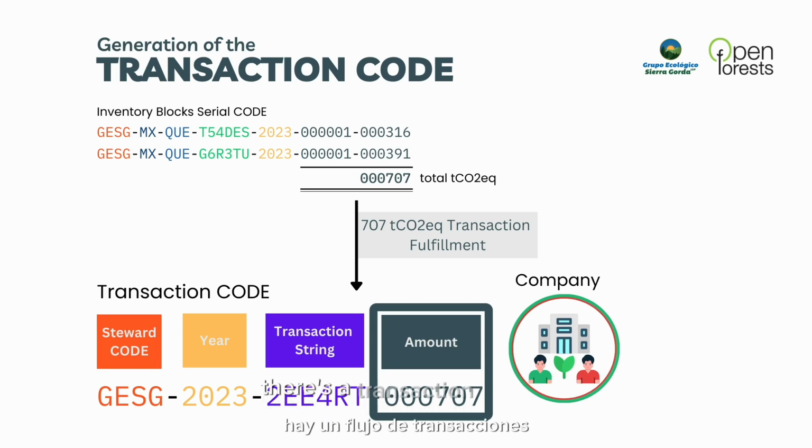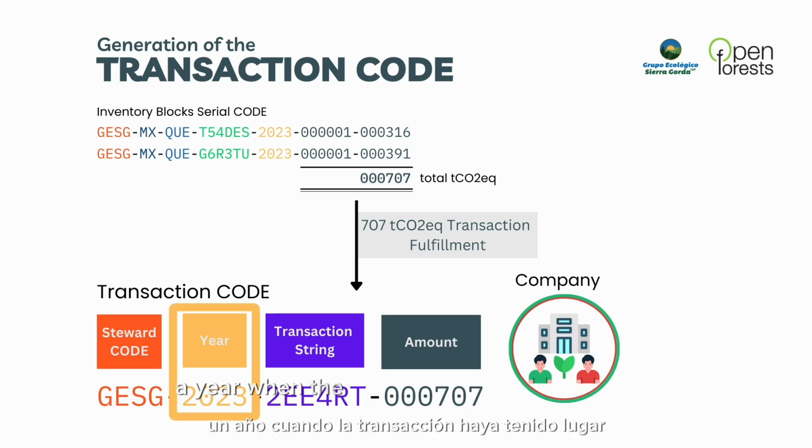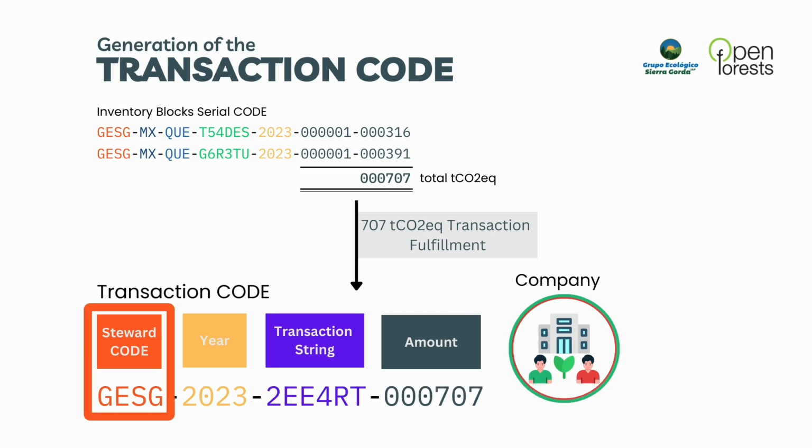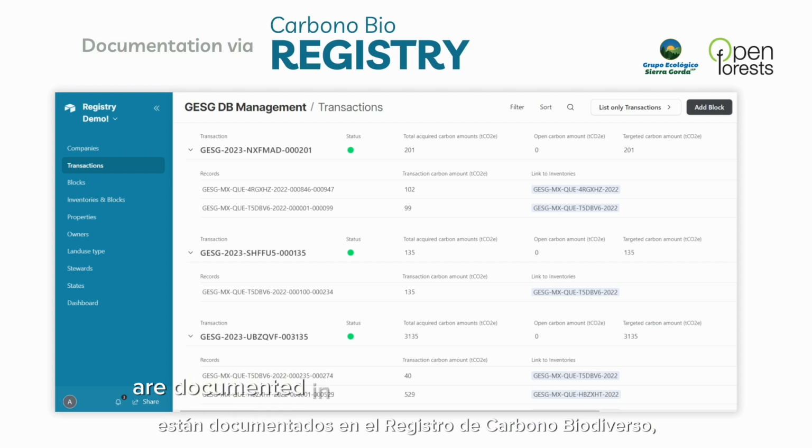There's a transaction string, so an ID that documents this specific transaction, a year when the transaction has taken place, and again a steward code. All of this, properties, stakeholders, inventories, companies, and the respective transaction are documented in the Carbono Bio Registry.